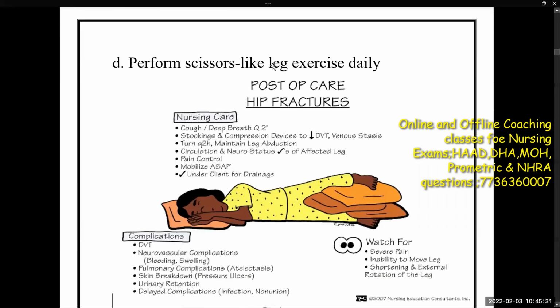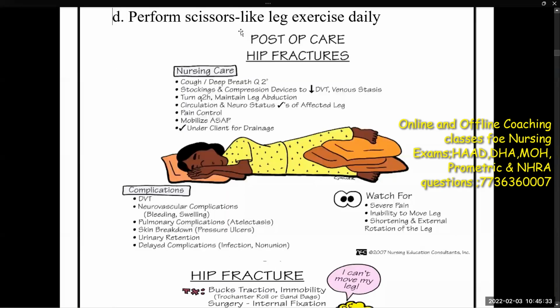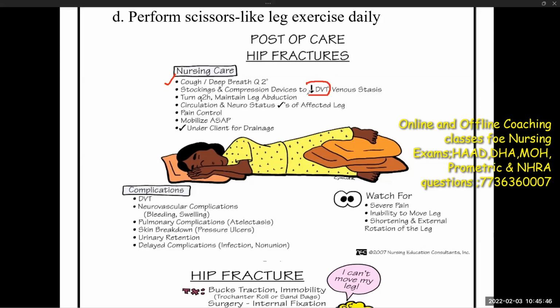Post hip fracture, what are the interventions that you need to do? Coughing and deep breathing is important. Main thing to reduce DVT, DVT stocking is important. Okay, so you can give a star to this. This is very important. And turning the position every two hours is important.